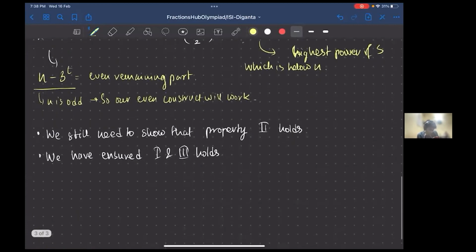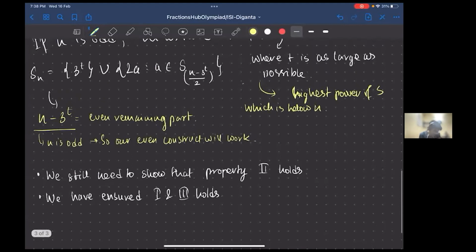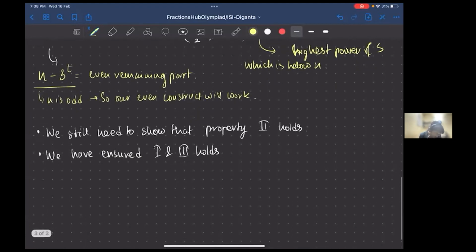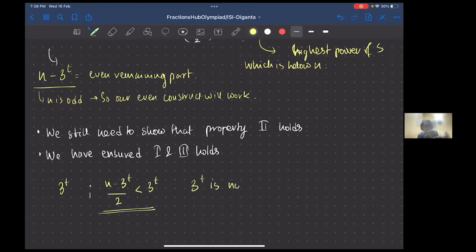And here we have 3^t and (n minus 3^t)/2. So this thing is less than 3^t, right? So 3^t is not an issue. That means it is not dividing any other element.